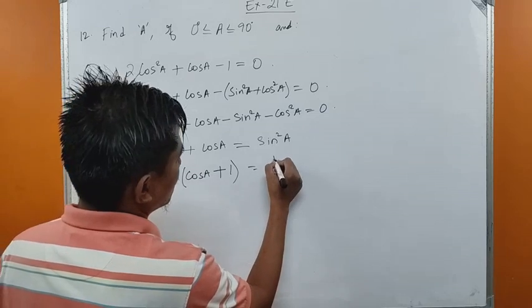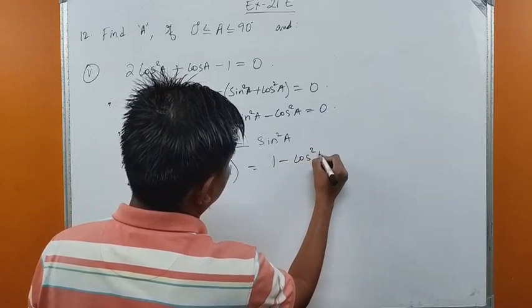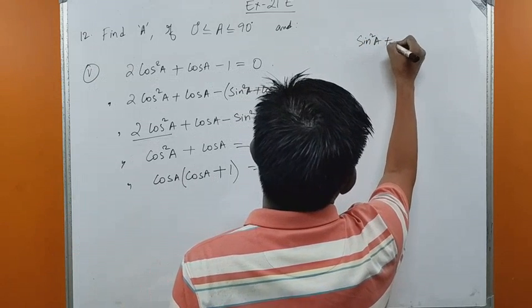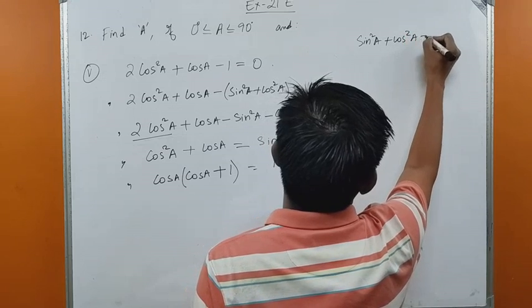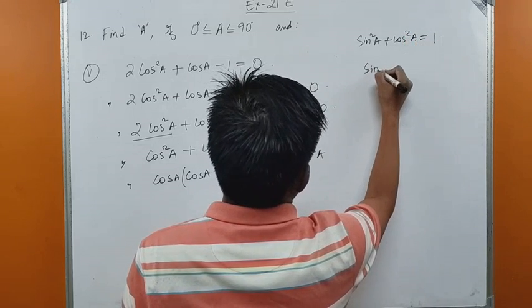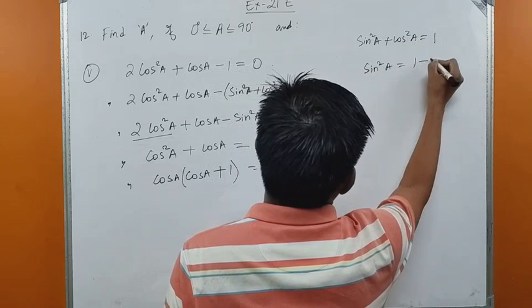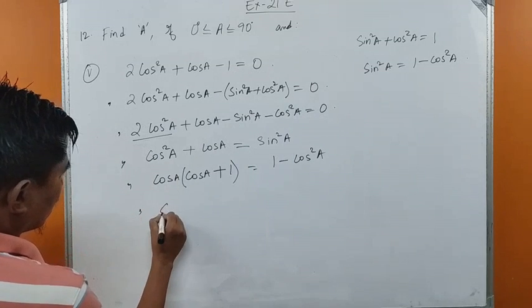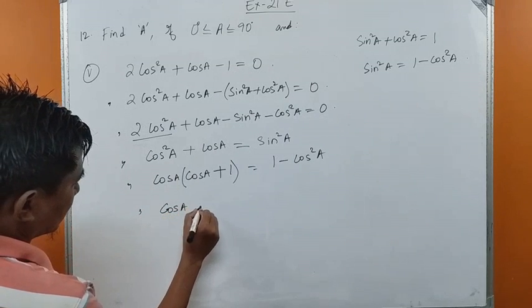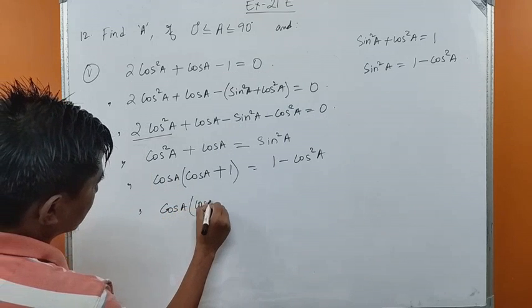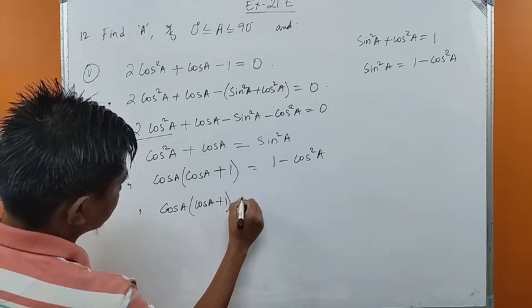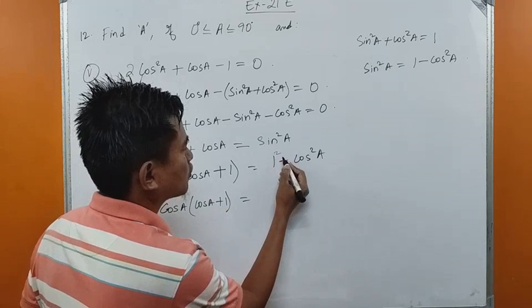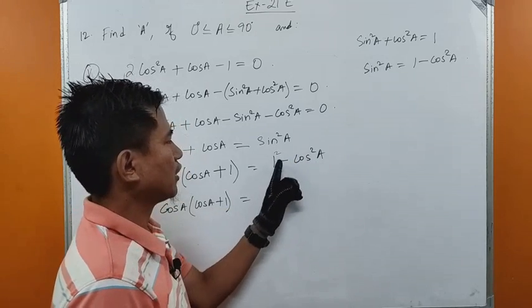Since we know that sin square A plus cos square A equals 1, sin square A equals 1 minus cos square A. So cos A into cos A plus 1 equals 1 minus cos square A, which can be considered as 1 square minus cos square A, because 1 square is 1.